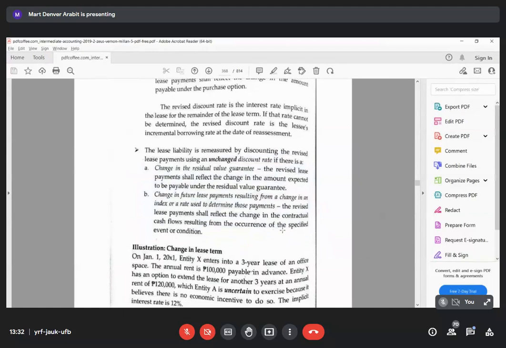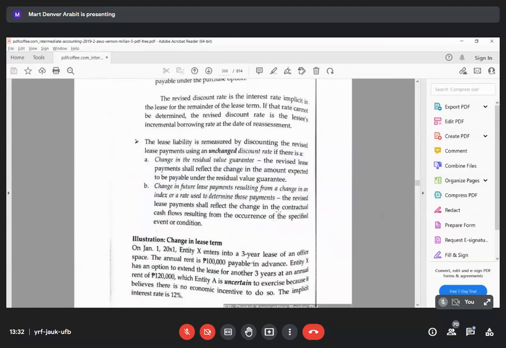Okay, so illustration. Change in lease term. Ah, sorry, for a while lang.